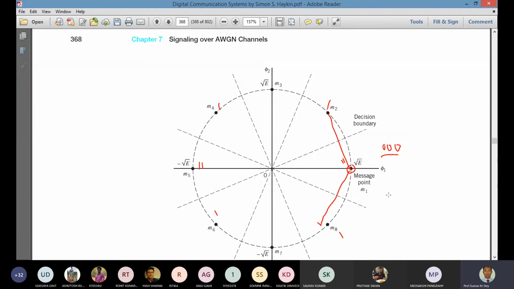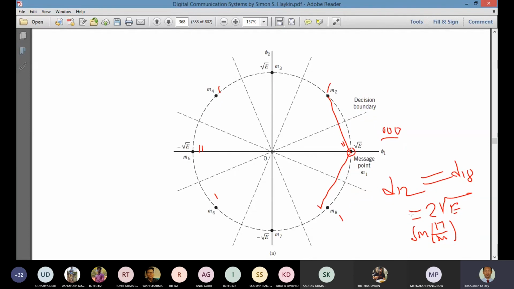This distance d12 is equal to 2 square root of E sin pi by M. So this is the distance between two consecutive points in this signal phase diagram.